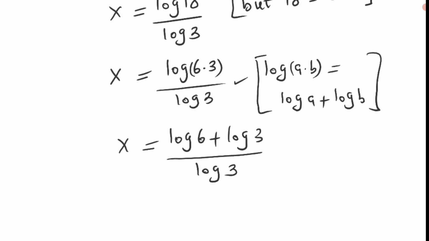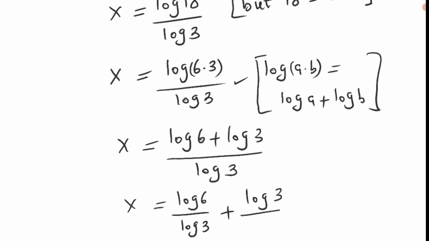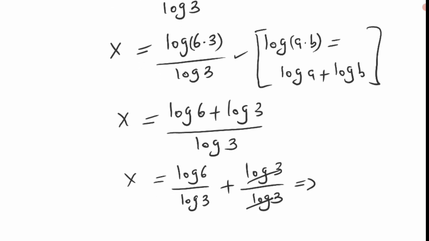Then if you split this, s will be equal to log 6 over log 3 plus log 3 over log 3. This log 3 cancels this log 3. This is same thing as log 6 over log 3 plus 1.